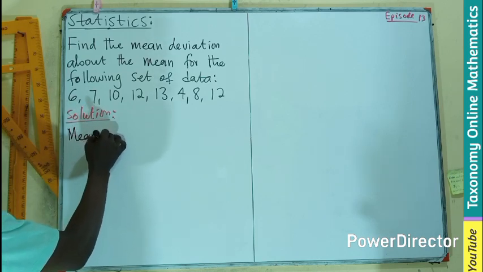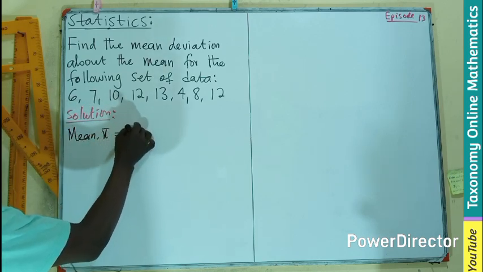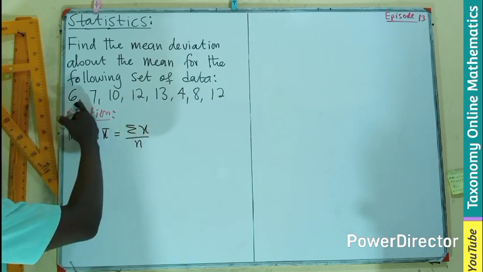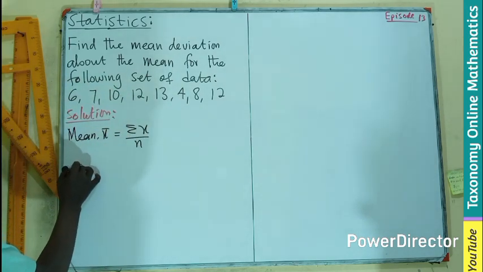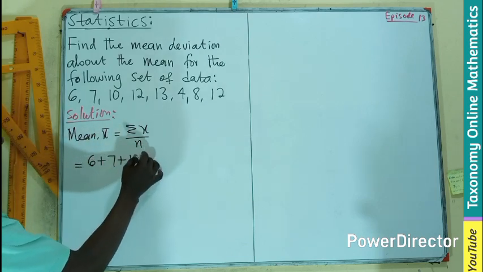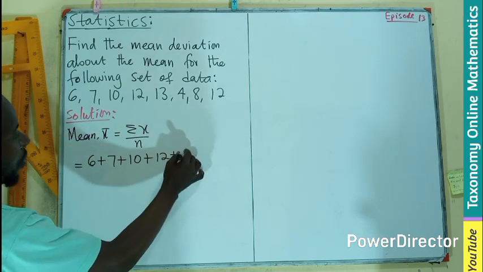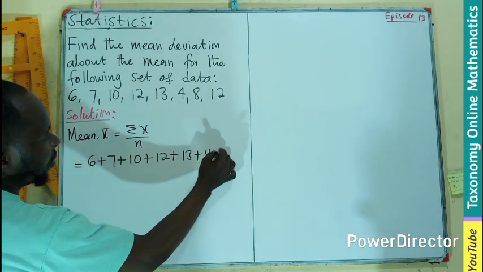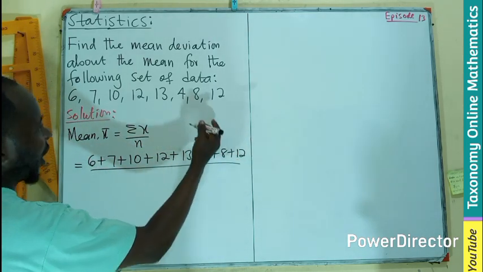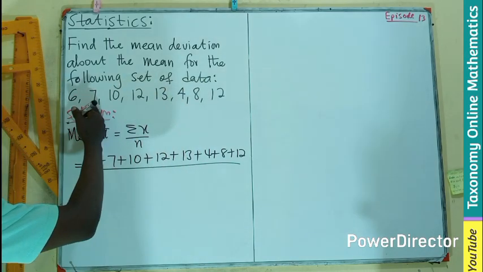From episode number 8, the mean is sigma x over n, meaning the summation of all values. We have 6, 7, 10, 12, 13, 8, and 12, all divided by 8.